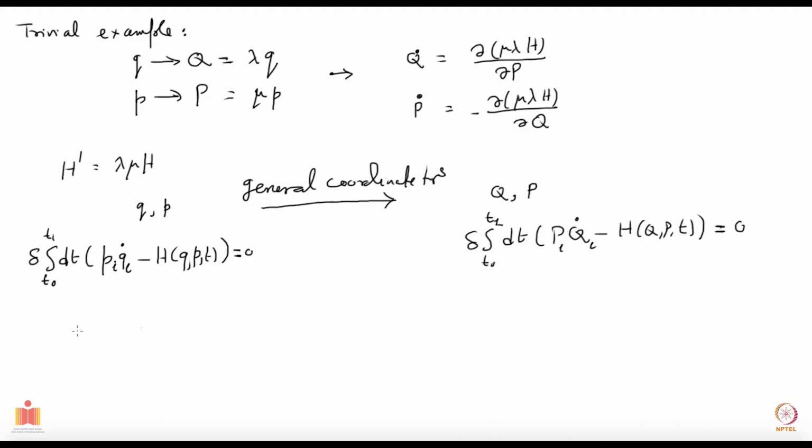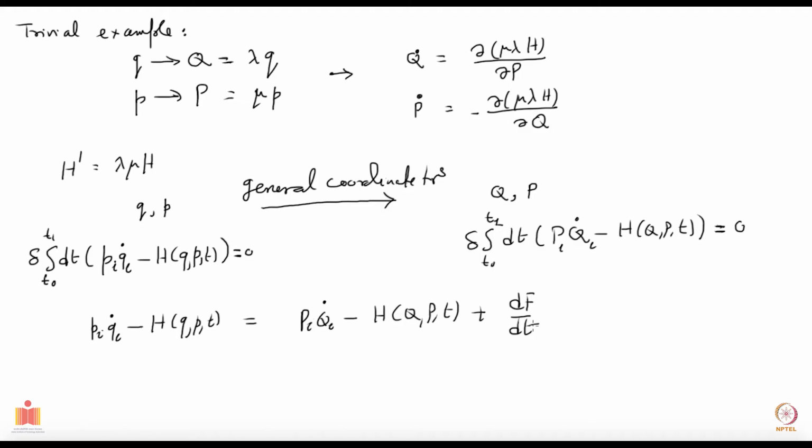Which means that if my p_i q_i dot minus H(q, p, t) is P_i Q_i dot minus H prime plus a total derivative of coordinates, okay, if this is the case, then my requirement is satisfied.